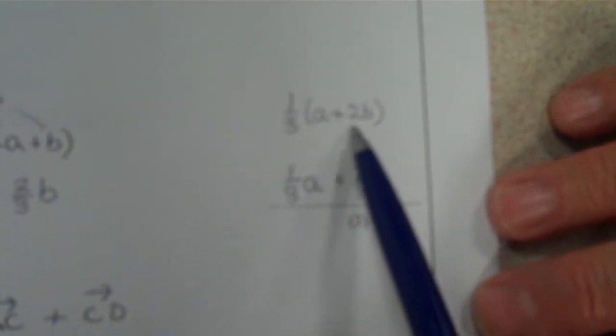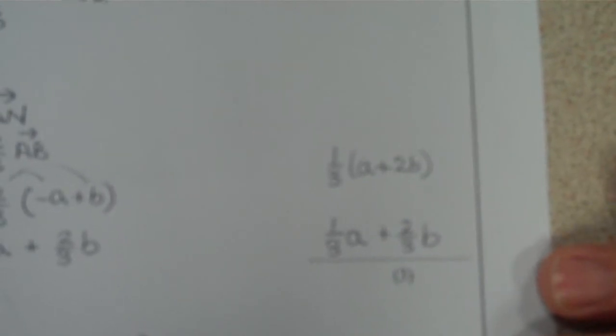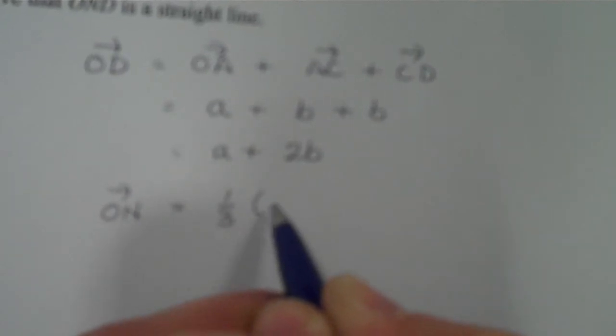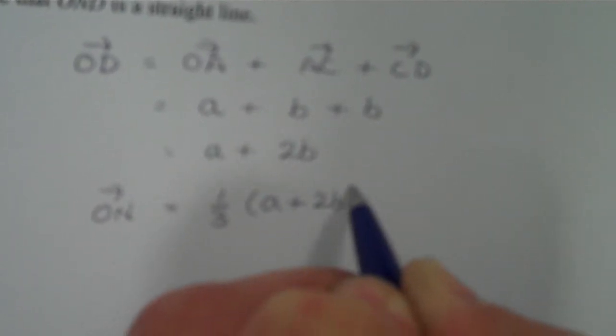And here you see the benefit of factorising, because here I factorise and see it's a multiple of A plus 2B as well. So I can say ON is equal to 1/3 (A plus 2B). So now I've used the maths to prove that they are a straight line. They are both multiples of the vector A plus 2B, and they share the point O. So that's why they're a straight line.